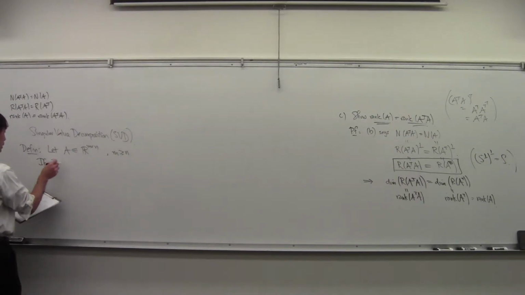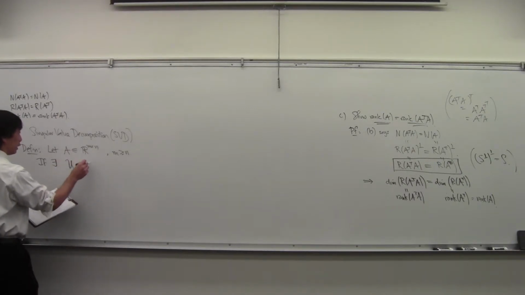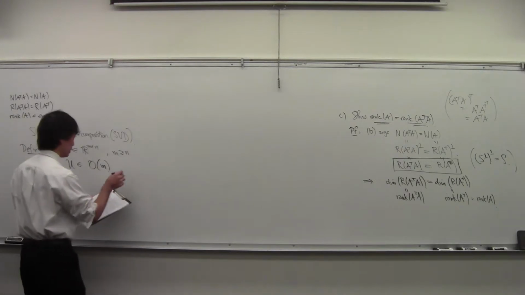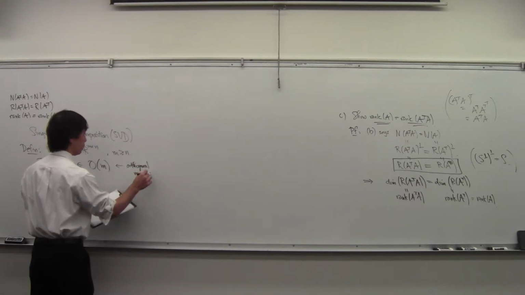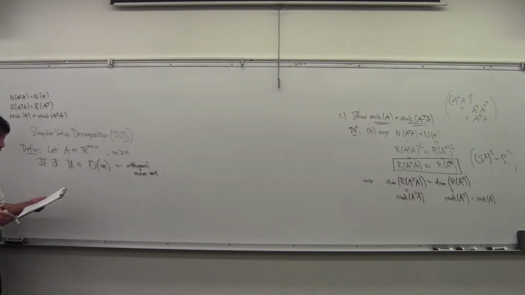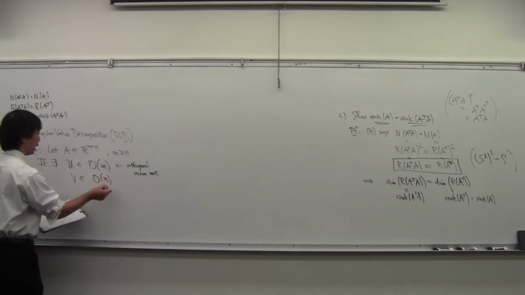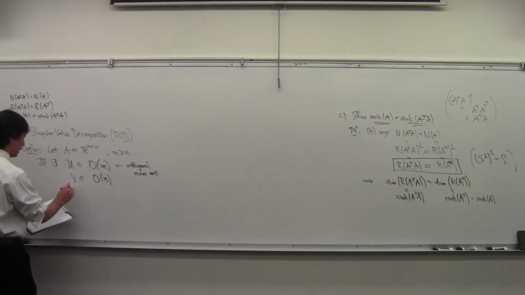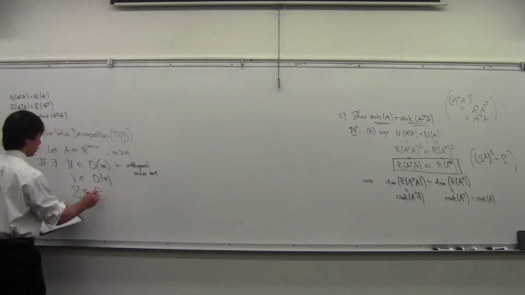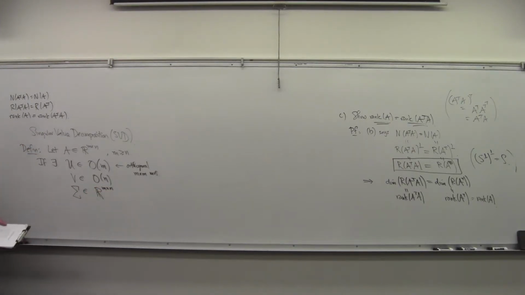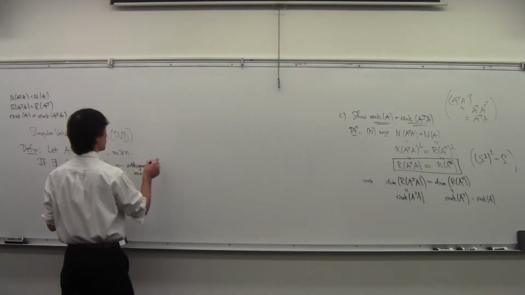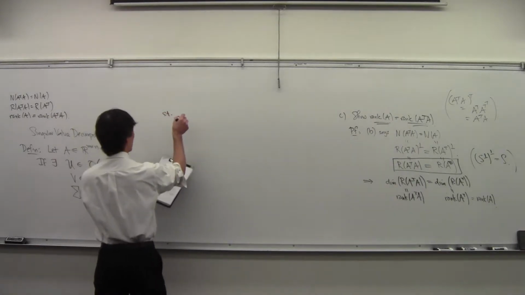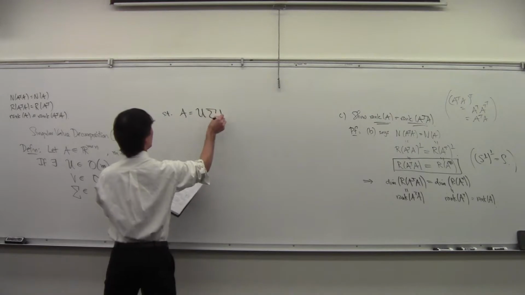If there exists a matrix U in O_m, that's to say the orthogonal m by m matrices, and a V in O_n, and a sigma that's just an m by n matrix, such that A equals U sigma V transpose.